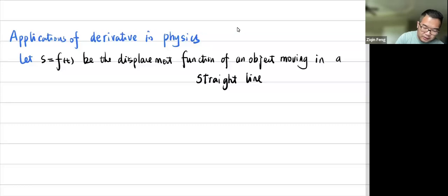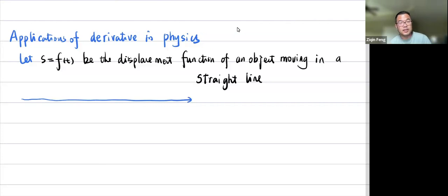This is where the object is moving. At a time equal to t1, this is our f of t1. So we want to know, when time equals t1, what is the instantaneous velocity? How do we do that?